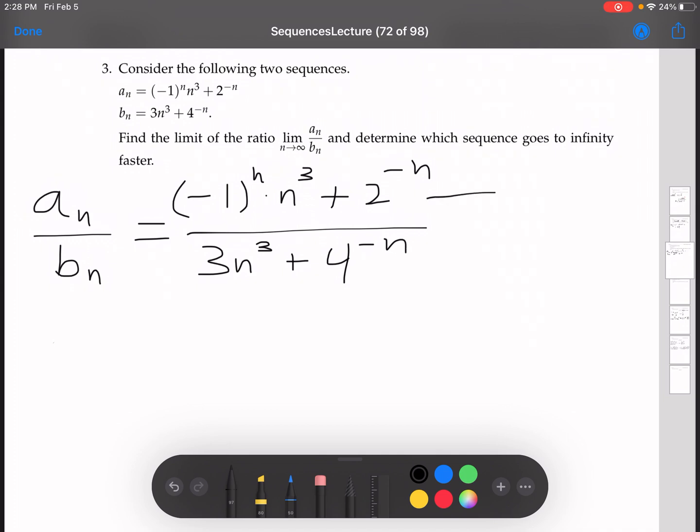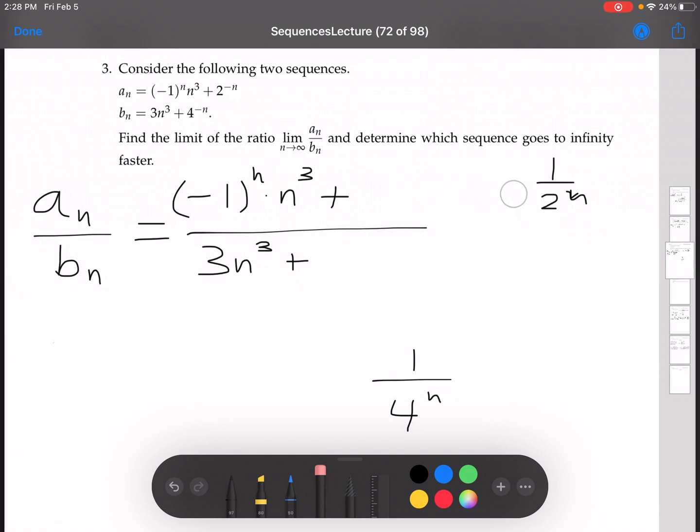Now remember that this 2 to the negative n is 1 over 2 to the n, and 4 to the negative n is 1 over 4 to the n. So I'm just going to put those in there. Let's see, this is 1 over 2 to the n, 1 over 4 to the n.